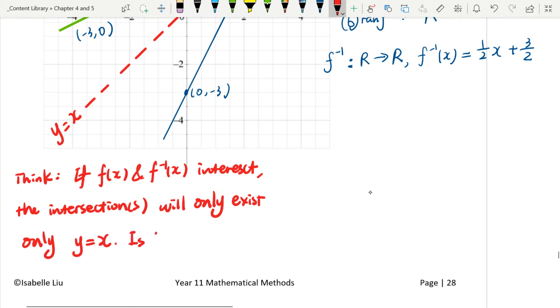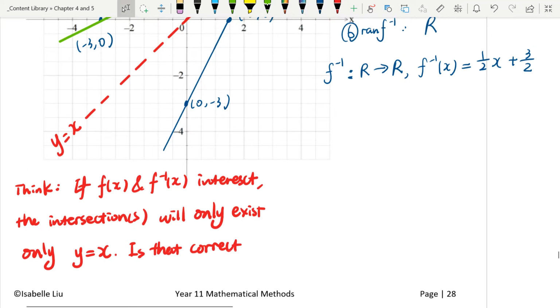Is that correct? Okay, I will answer this question, and you can do a textbook exercise. You can see similar questions here, I think. But let's think about that. I'll talk about this next lesson, the Thursday lesson. But have a think. When f(x) and f inverse x intersect, the intersection will only exist on the line y equals x. Is that a true statement? Okay, it's important, it's useful for year 12. Think about it.